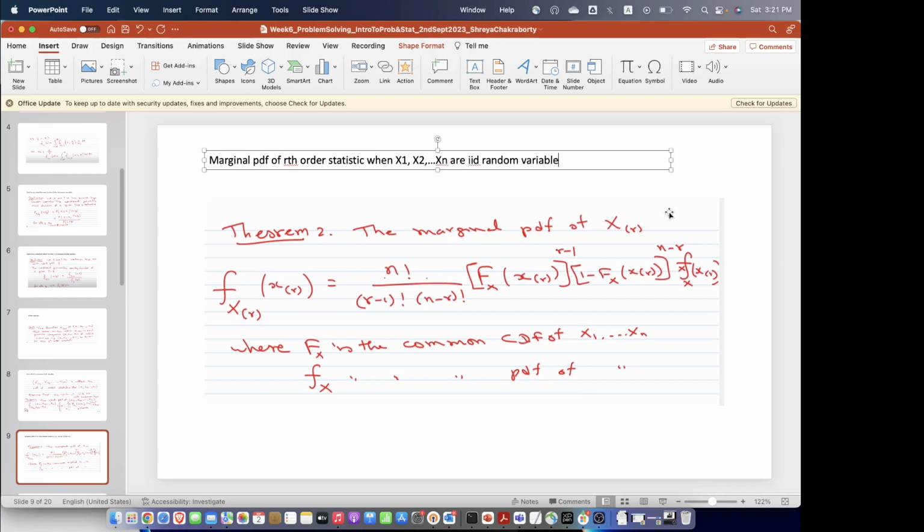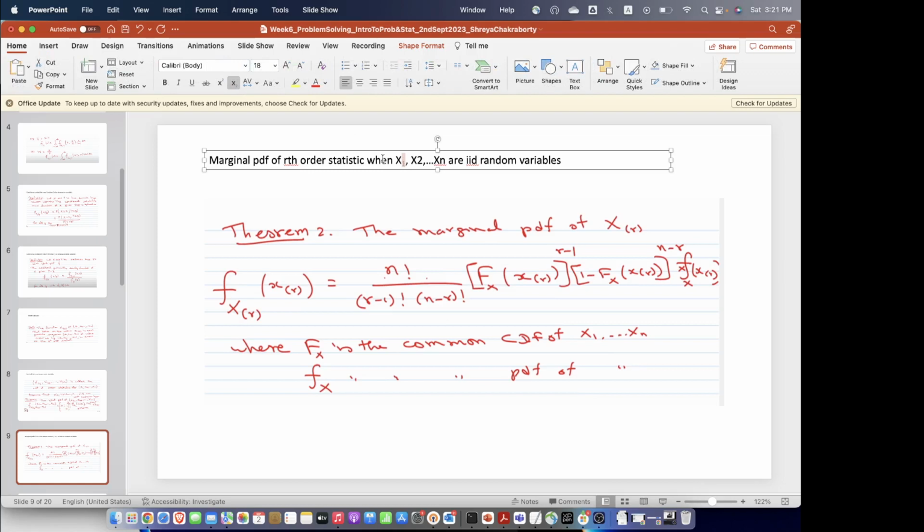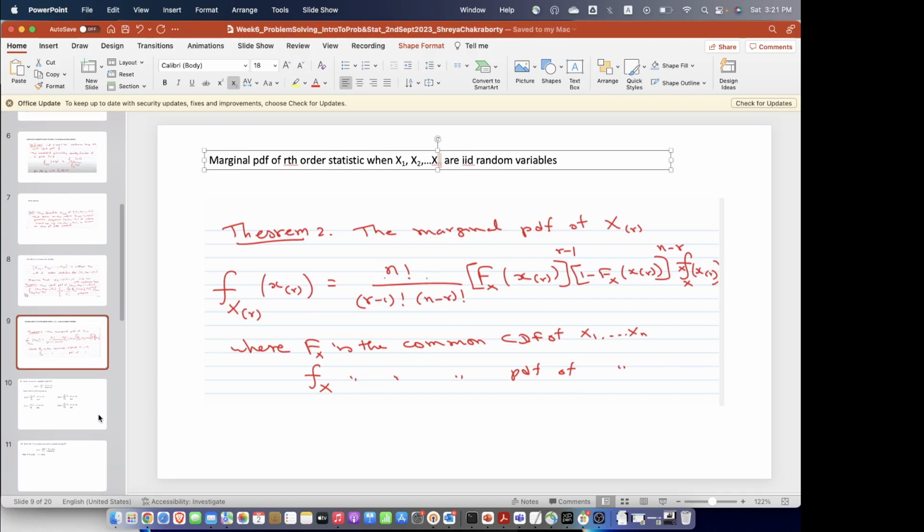IID means they are independent and they have the same distribution, that is they are identically distributed. Okay, so with these definitions, a few solved examples were also solved by sir during the week 6 lectures.